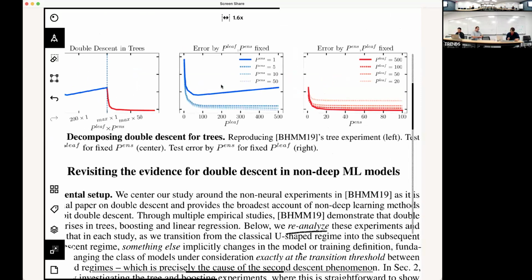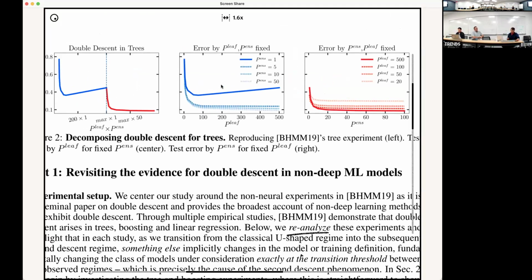Originally, double descent in trees was considered in the following way. We build one decision tree with an increasing number of leaves.